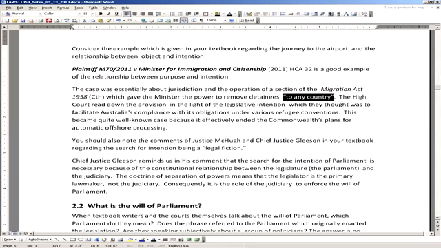which is mentioned in the Migration Act 1958. That act, of course, it's a 1958 act, but it's been changed many times since.